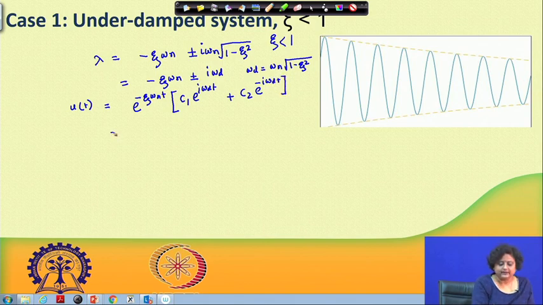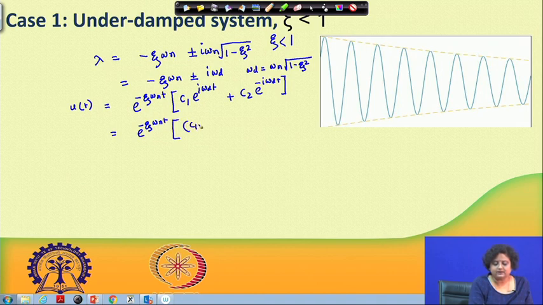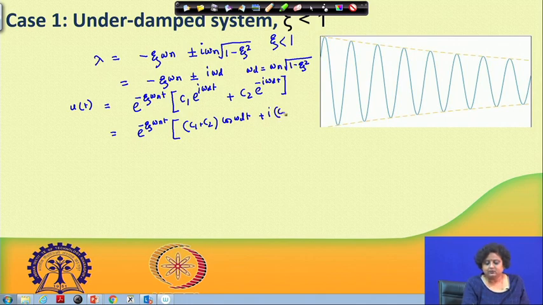This can further be expanded and written as e to the power minus zeta omega n t into (C1 plus C2) cos omega d t plus i (C1 minus C2) sin omega d t.